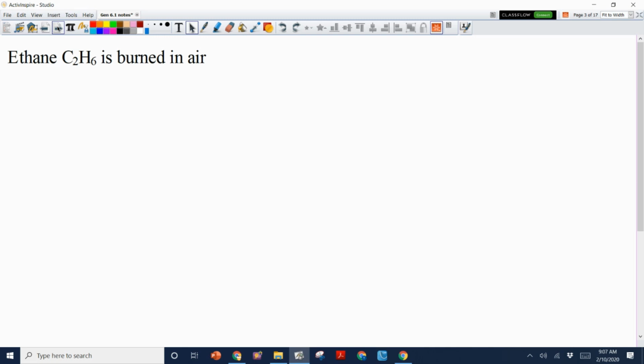All right, so the first type of chemical reaction that we're going to talk about is called combustion. In a combustion reaction, it says ethane is burned. C2H6 is the chemical formula for ethane.